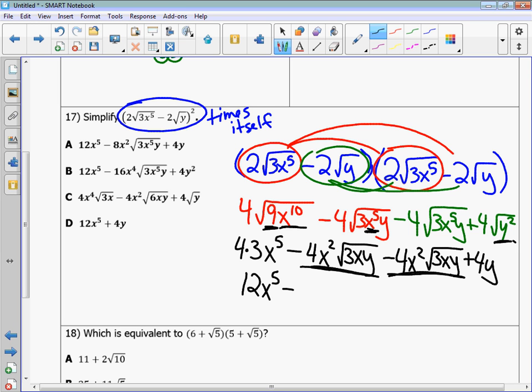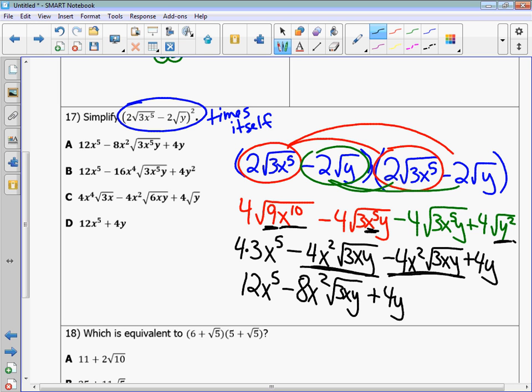And at the end, you have plus 4y. So that matches up with none of them. Huh. Well, it would be a without x here. Just x.